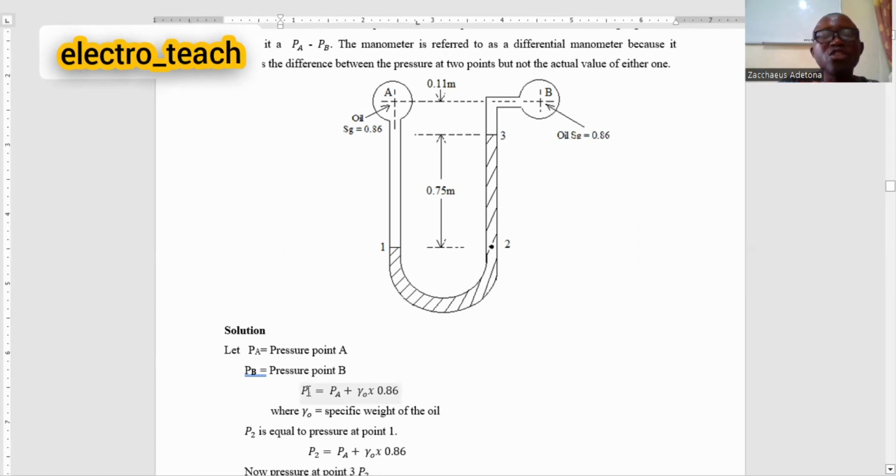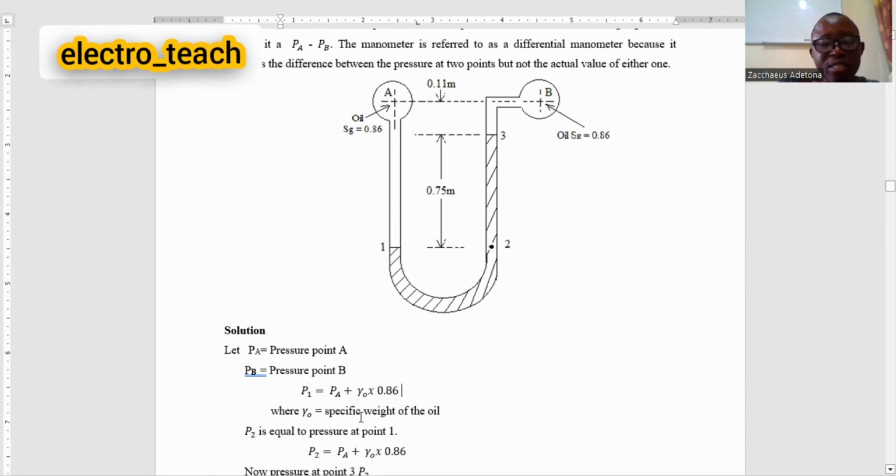Or let's say the pressure at point A. Pressure at point A. That's the total pressure at point 1. The pressure at point A plus the pressure at point 1 added together to give us a P1. P1 equals PA plus gamma oil times 0.86.